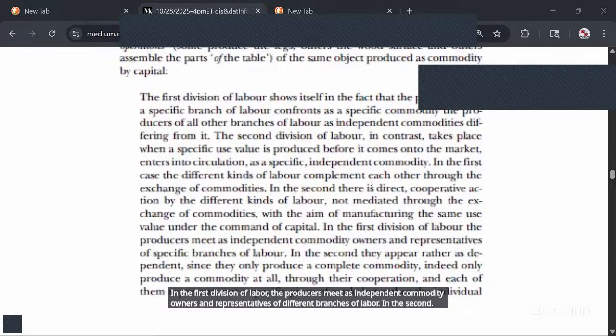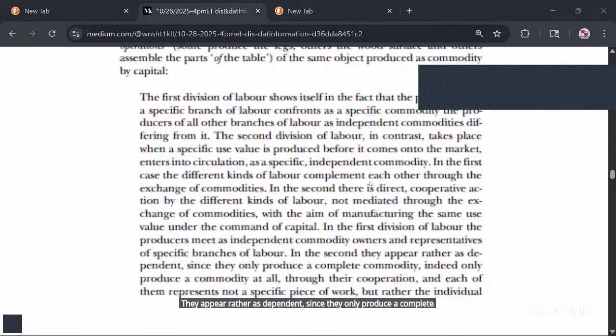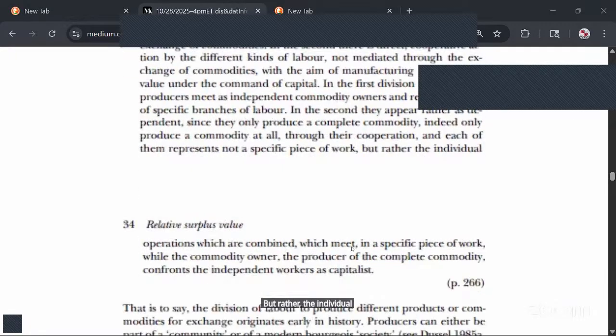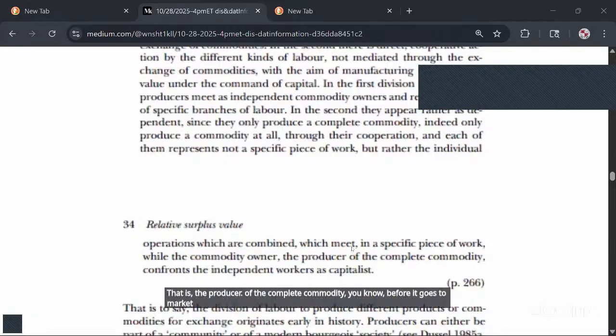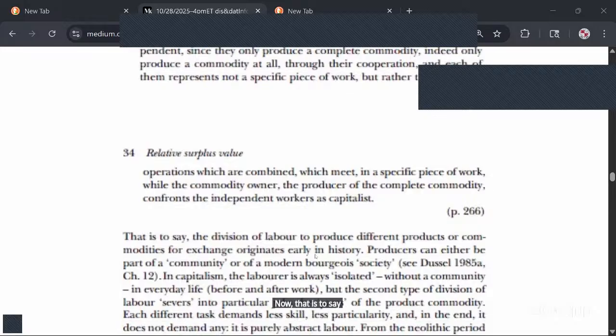In the second, they appear rather as dependent, since they only produce a complete commodity, indeed, only produce a commodity at all, through their cooperation, and each of them represents not a specific piece of work, but rather the individual operations which meet in a specific piece of work, while the commodity owner, that is, the producer of the complete commodity, before it goes to market, confronts the independent workers as capitalists. Close quote.